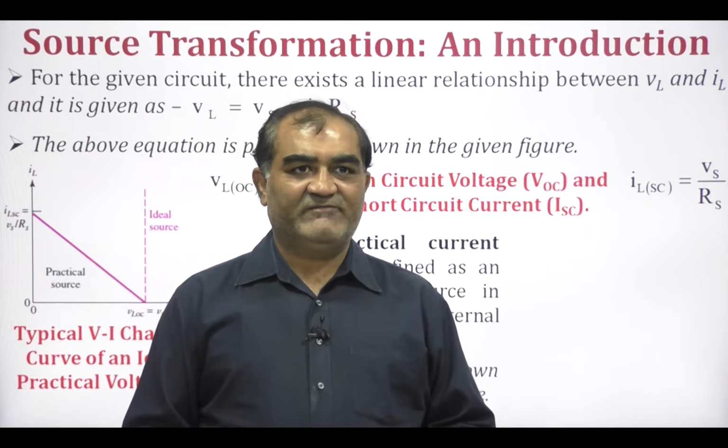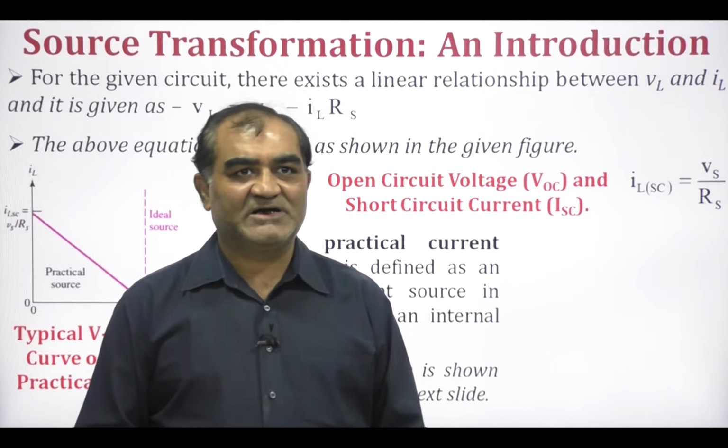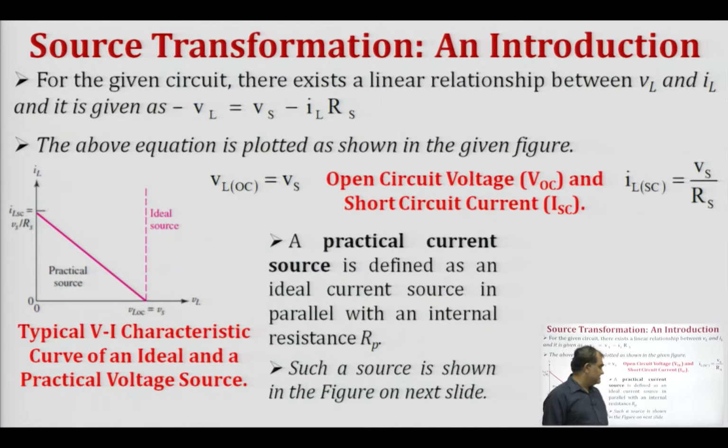Now if we plot this equation, it will be a linear equation. On the x axis we have taken the load voltage V L, and on the y axis we have taken the load current I L. If we plot this equation, then on the V L axis I L will be 0, and we get V L equals V s, and on the I L axis V L will be 0 and we get I L equals V s by R s.